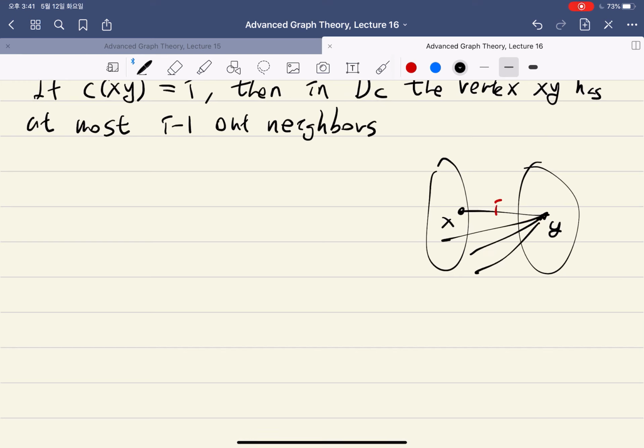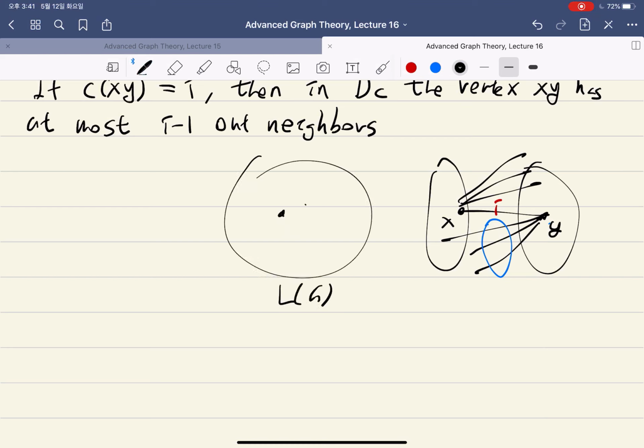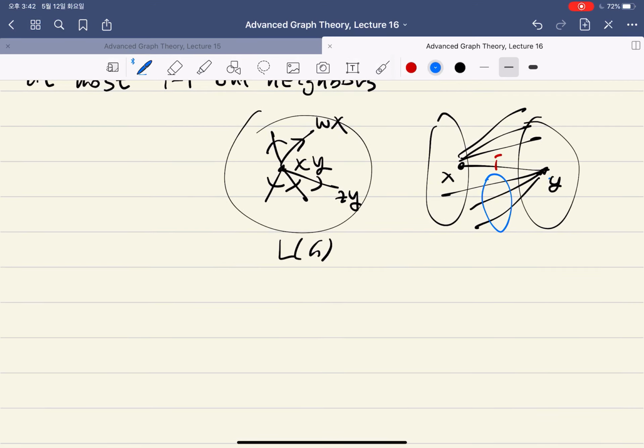Then out of these edges, the out neighbors which share an endpoint with y, so in this line graph we have this xy. It has two types of out neighbor: out neighbors that share something with y and those that share something with x. All of this must have a smaller C value.